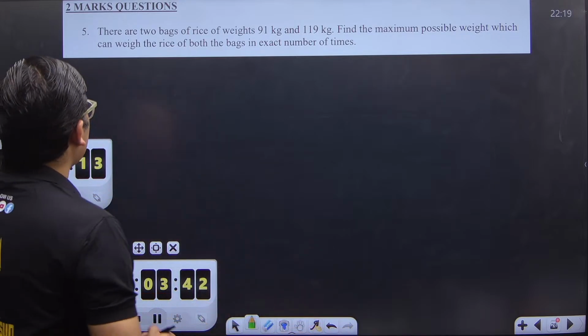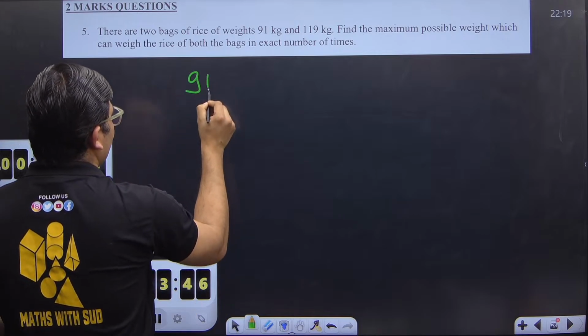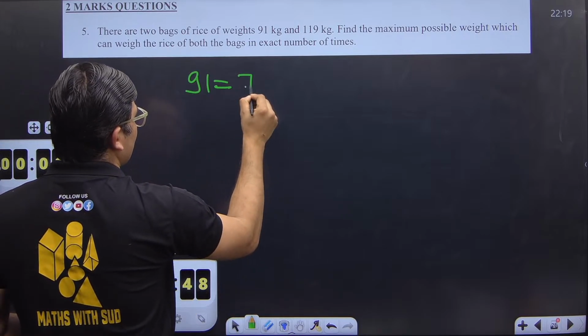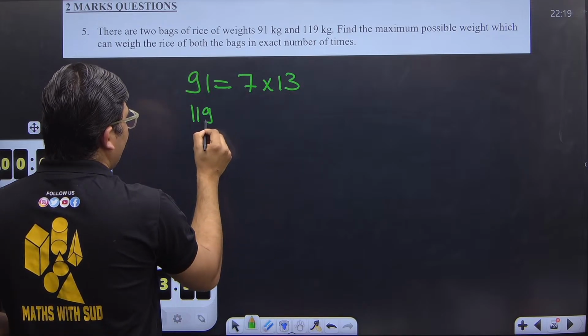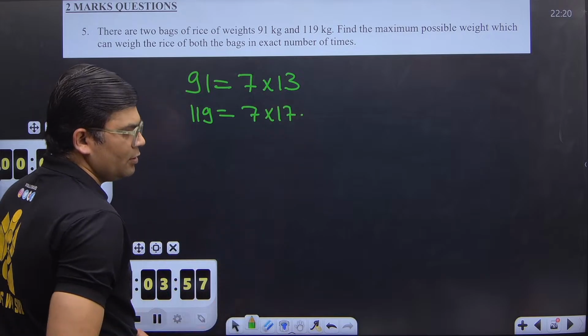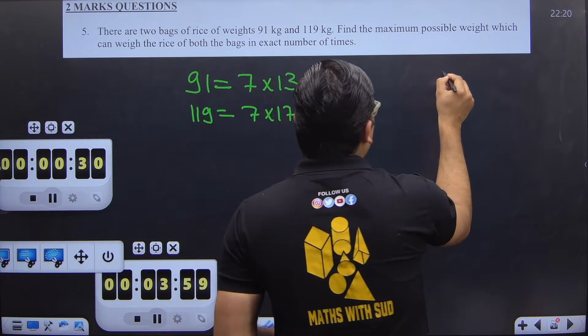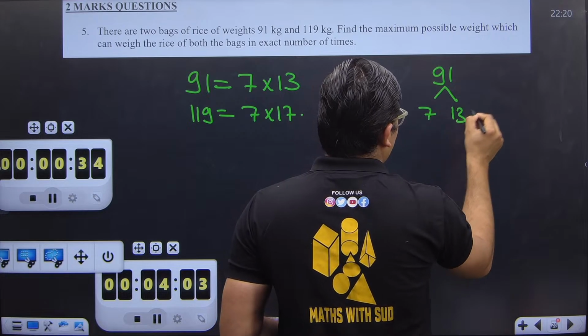Factor. Highest common factor. So first we will write 91 as 7 into 13. 119, if we factorize, we will get 7 into 17. You must learn the multiplication tables of the prime numbers at least.